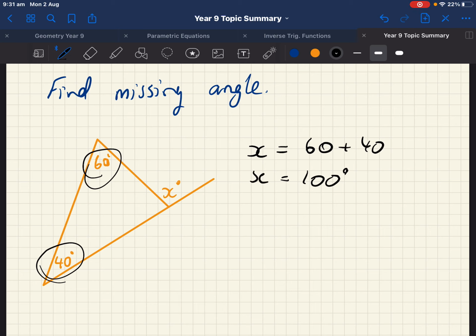If you have no idea why that is, definitely you need to find that lesson from last week. It covers why it works, and it gives lots of different examples of questions that use this, right? Make sure you know that trick. It's going to save you a lot of time with these exterior angle questions for triangles.